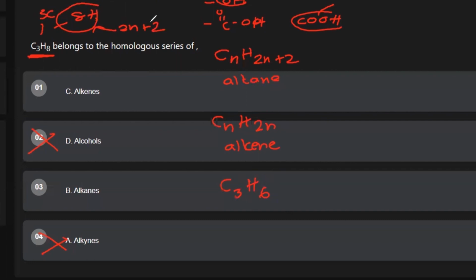Because 2n is 6 plus 2 is 8. So C3H8 actually belongs to the general formula of an alkane, CnH2n+2. So this molecule is in fact an alkane and not an alkene. So the correct answer here would be answer 3, alkane.